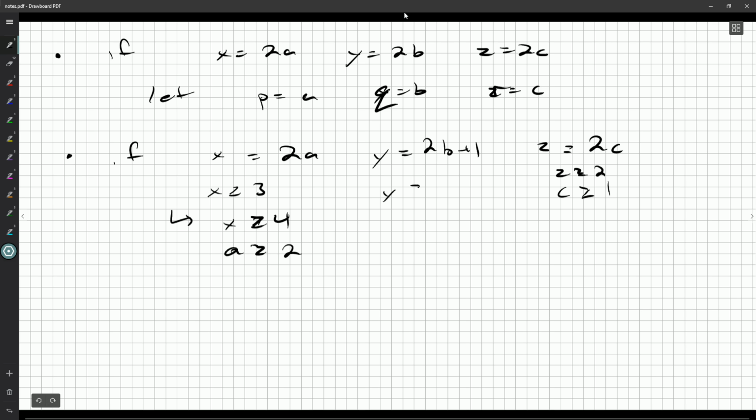But y is at least 2, but it's odd. So y is at least 3, b is at least 1. And I don't know where to go from this. If they were all even, I could divide again, but I don't. I've got sort of this extra factor of 4.